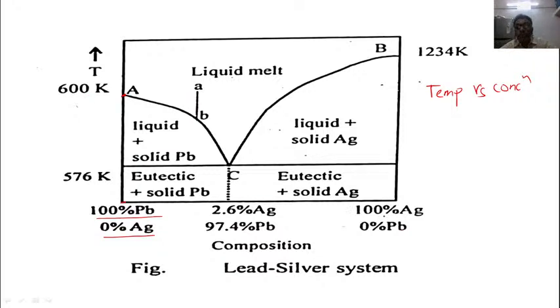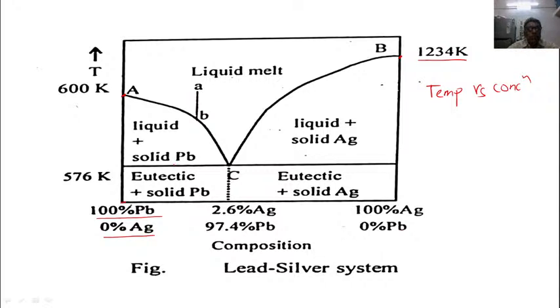On the right hand side you can see 100% silver, 0% lead. Whenever there is no lead here, then the pure silver shows the melting point 1234 Kelvin.